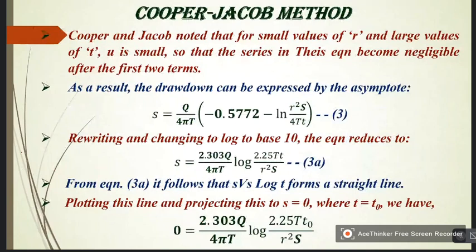So what he has done is he has simply written S is equal to Q by 4 pi T, minus 0.5772 minus log R squared S by 4 T t.